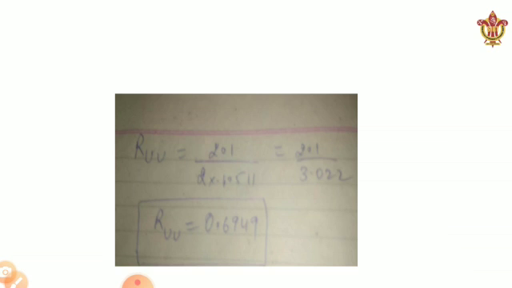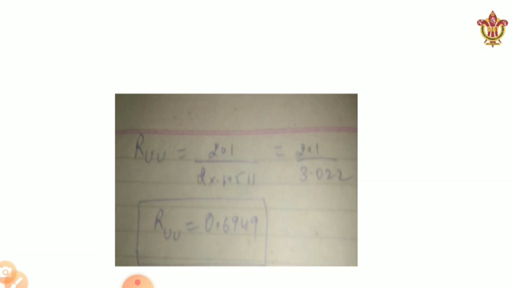We need to put covariance divided by sigma u into sigma v. According to this formula, in the numerator we put 2.1, and in the denominator 2 into 1.511. So 2.1 divided by 2 into 1.511 comes out to be 0.6949.